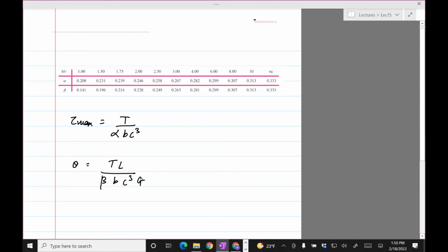B and C are the dimensions like so. C is this.